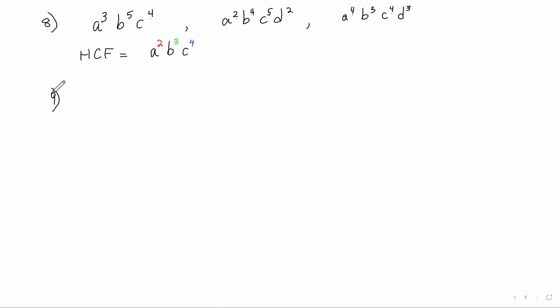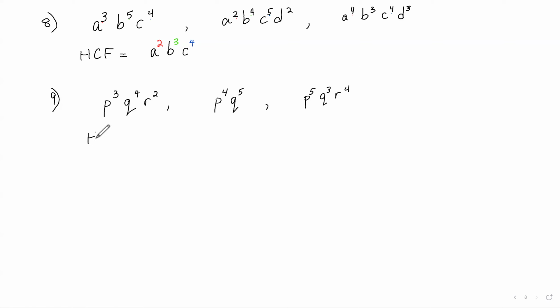Let's look at another one. Say we have p cubed, q to the power of 4, r to the power of 2. That's the first term. P to the power of 4, q to the power of 5. That's the second term. And then p to the power of 5, q to the power of 3, and r to the power of 4.